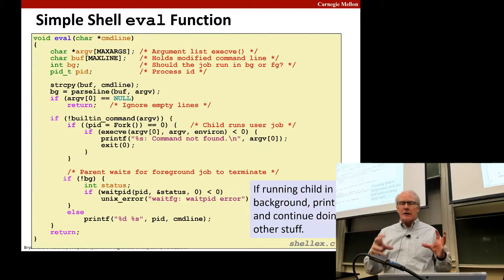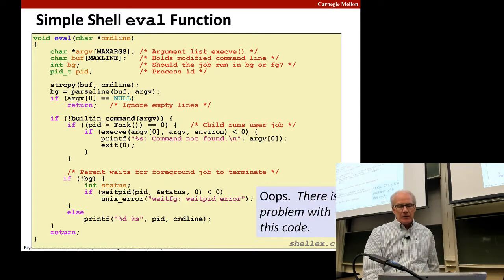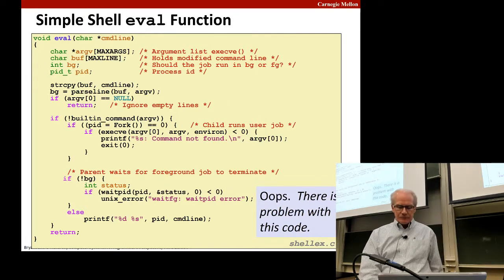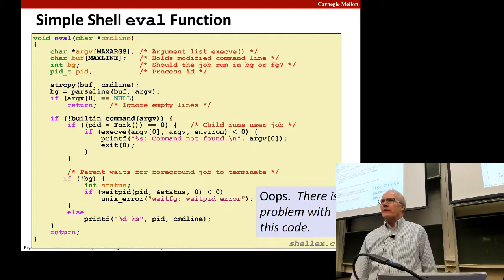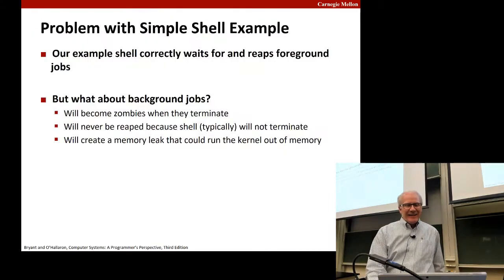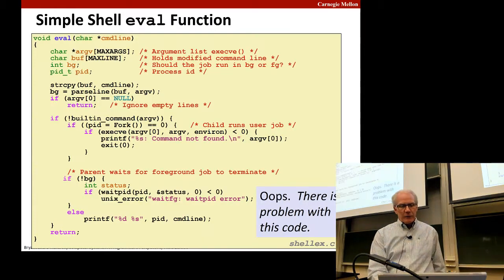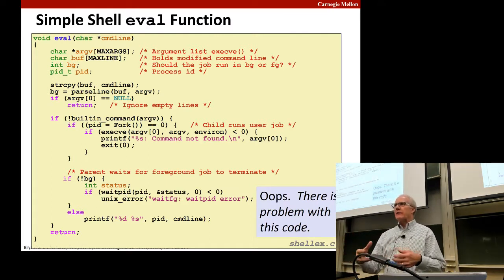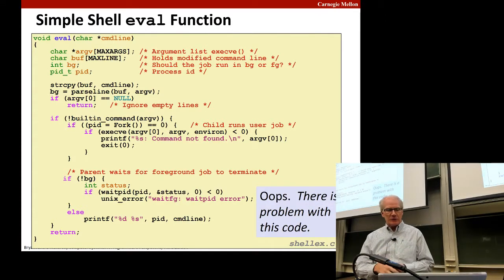So that gives you the very rough idea of what a shell is supposed to do. There's a problem though, with this code, that has to do with zombies. For foreground jobs, it does fine because it will call waitpid, and part of what waitpid does is, when the child terminates, it makes sure that the child gets reaped, so it's no longer a zombie.